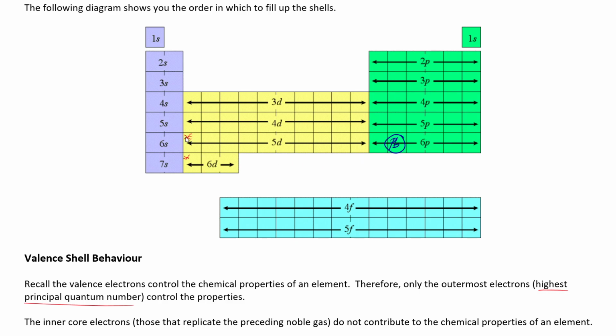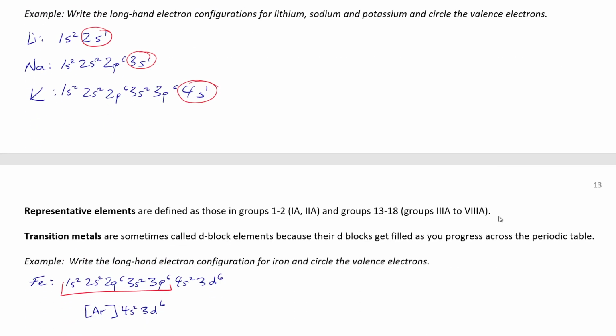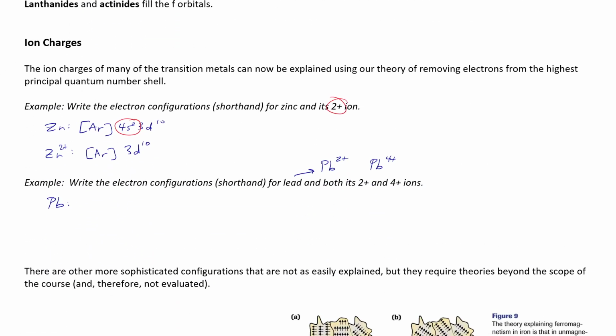So it's a bit complicated. Remember that the lanthanides are right here and the actinides are right here, so you have to jump down and fill those subshells. So we're going to write that out now.